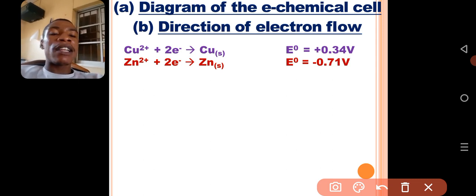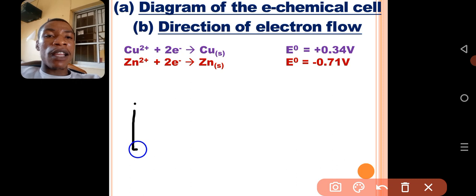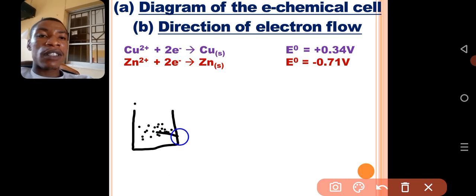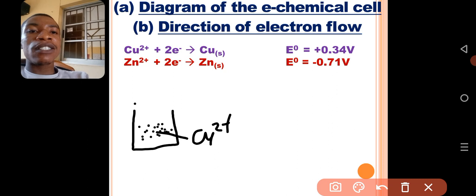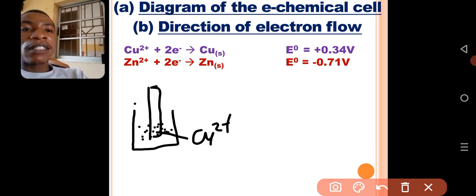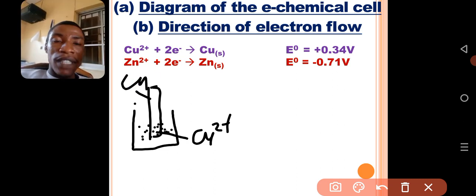The copper half cell is a beaker containing Cu2+. Then inside it you dip a copper metal. Don't forget, that is a half cell. That's the copper half cell.